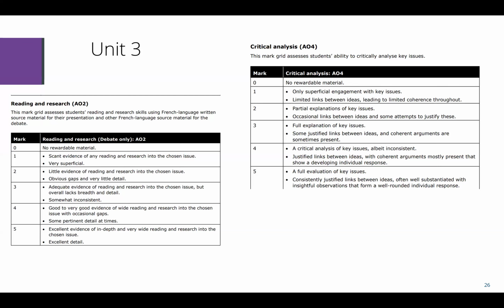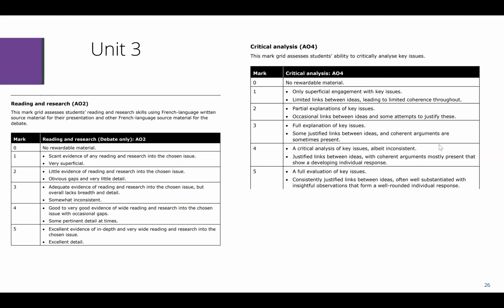If it's a topic that is only discussed, so they're effectively just having a discussion, it will have an impact on their marks for spontaneity and development and critical analysis, because they haven't really given themselves the opportunity to engage in a debate. So it's very important that they choose something that can be debated, and that you, if you're the teacher examiner, make sure that they are put in a position where they have to debate and defend that sort of thing.